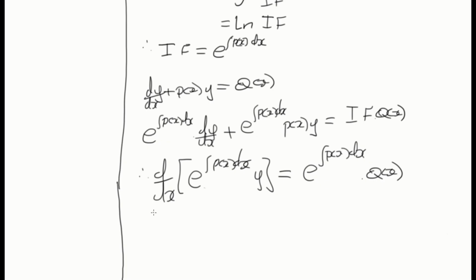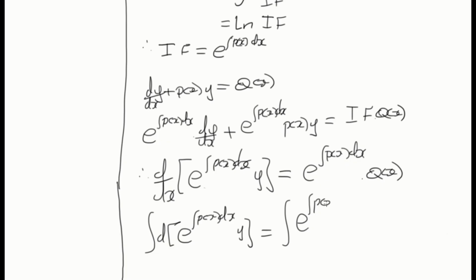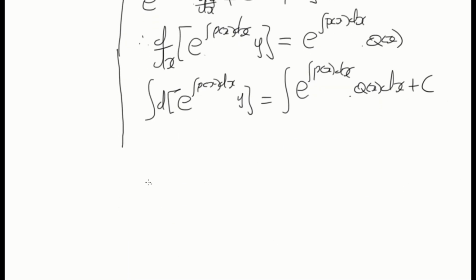So we are left with e raised to the integral of p of x dx times y is equal to the integral of e raised to the exponent times q of x dx plus a c.